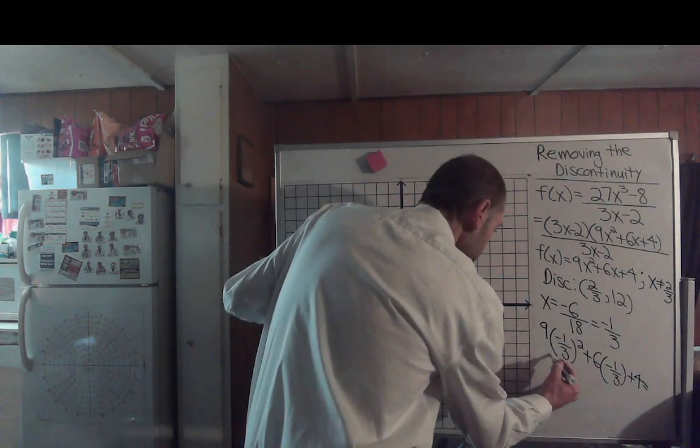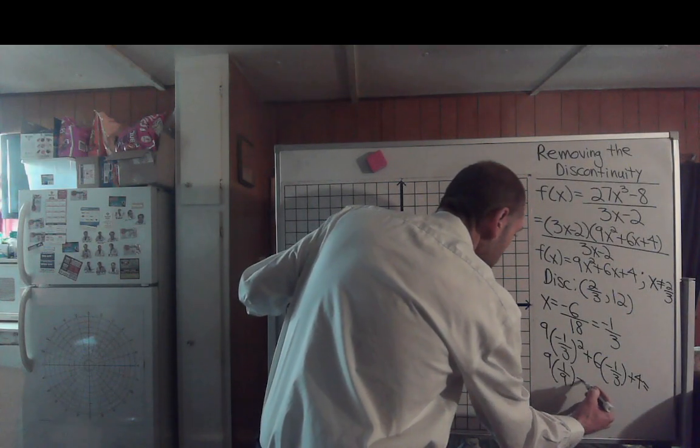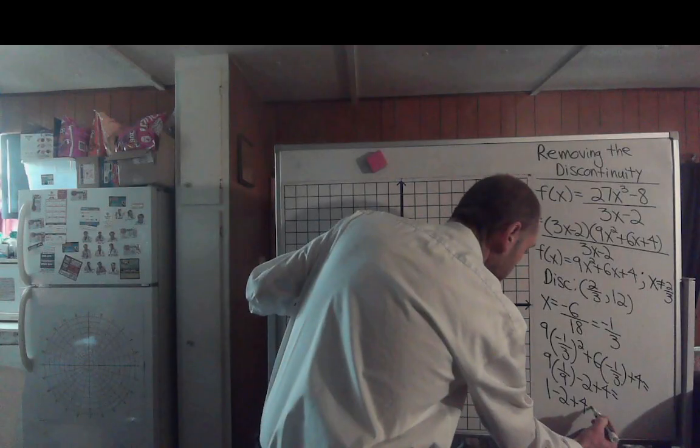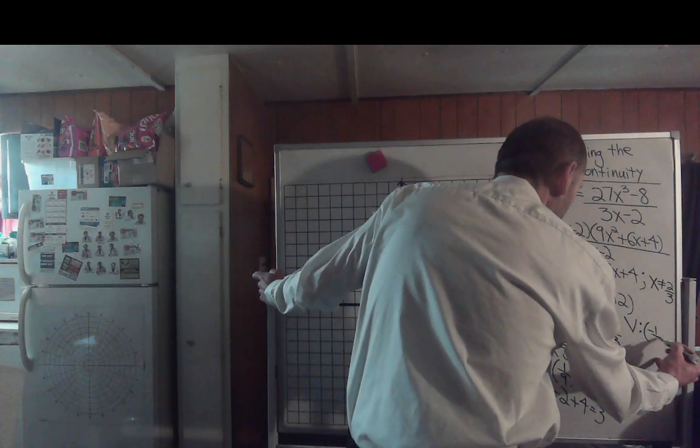Well, that equals 9 times 1/9 minus 2 plus 4. So that equals 1 minus 2 plus 4, which would equal 3. So my vertex is located at (negative 1/3, 3).